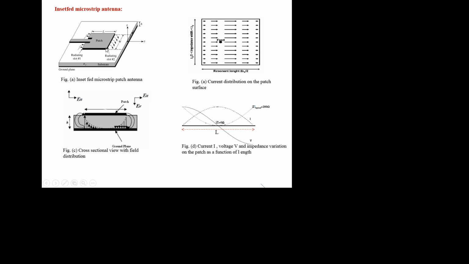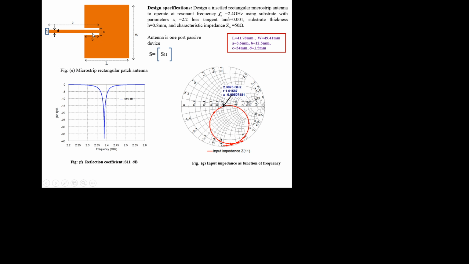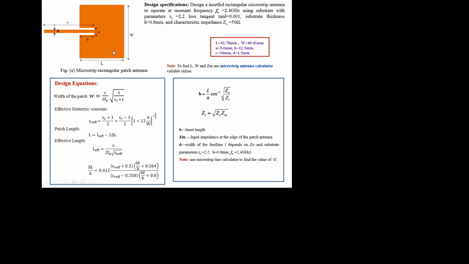So it is also called rectangular patch antenna with inset feed, because here the feed line is inserted up to a particular length into the patch antenna. Like this, the feed line is inserted into the structure up to a particular length that is equal to B. So it is called an inset fed antenna.